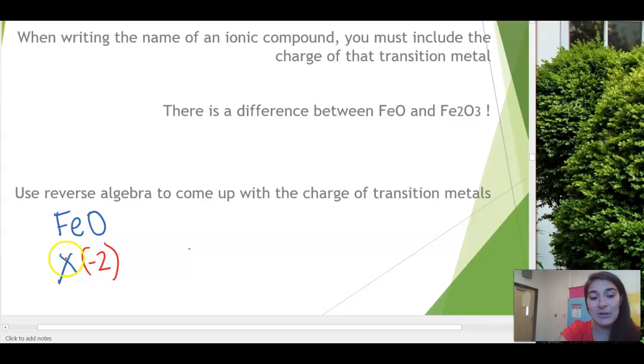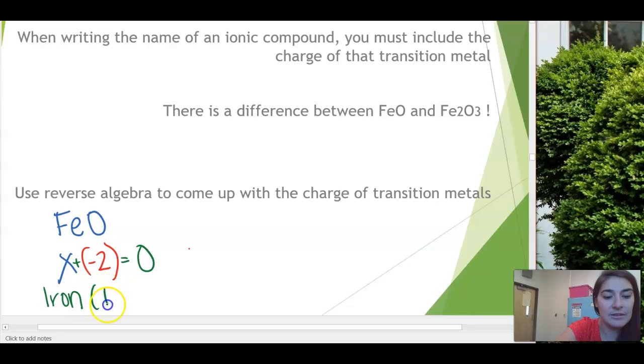So X plus -2 has to be 0, right? The total electrons lost has to be the same as the electrons gained. So if 2 electrons were gained, 2 electrons have to be lost. And so this friend is iron 2.